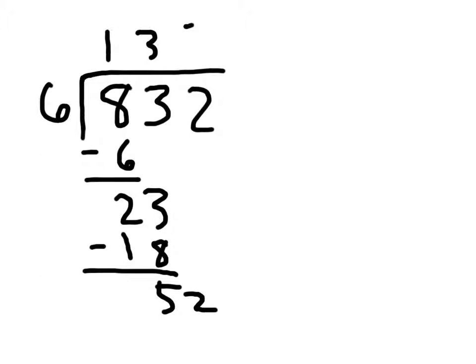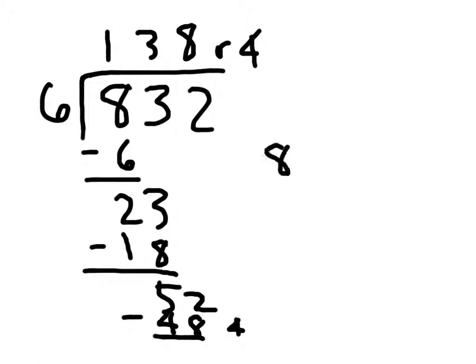Or, this is another way that we can check our work, using that alternate strategy and approach. It's 138 remainder 4, but would it have been easier if we used our mental math to break apart some of these numbers, to really think about what would work well with this?